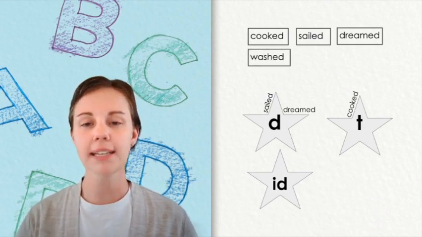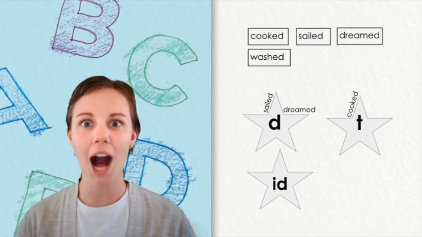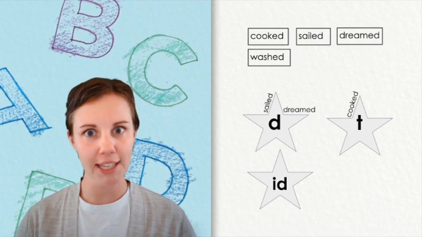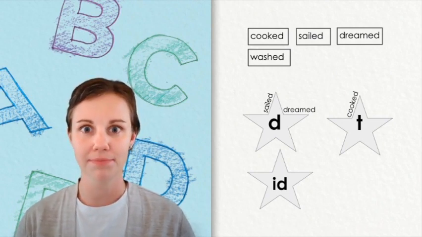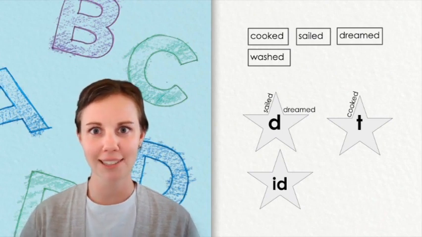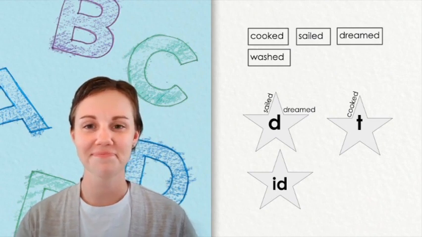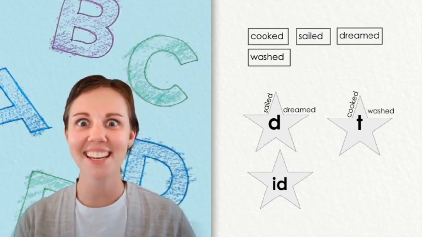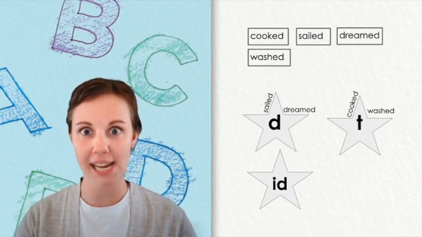Try this word. Look carefully at the base word. Wash. When I finish it off with ED, it says washed. Did you hear? Where does it belong? On the T star, washed. Great reading.